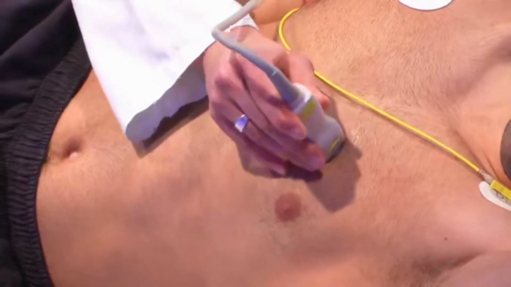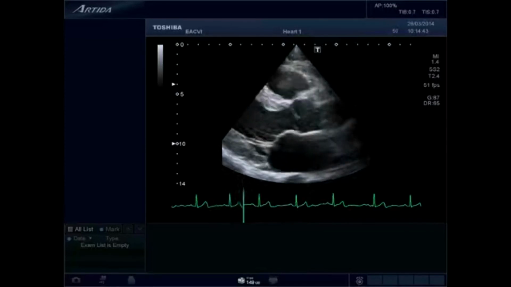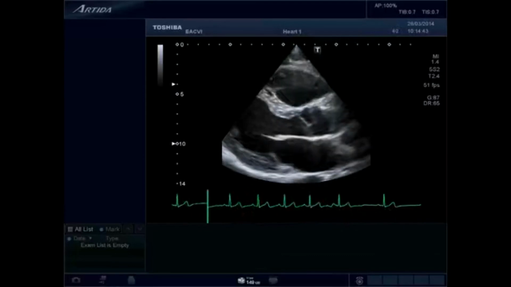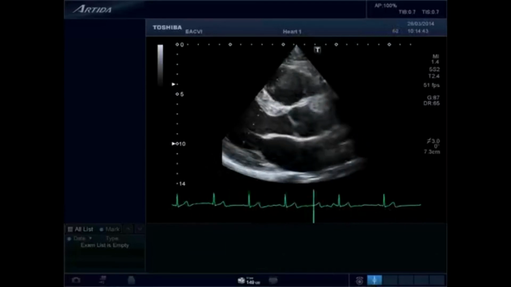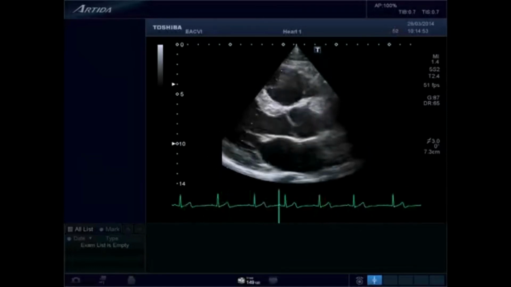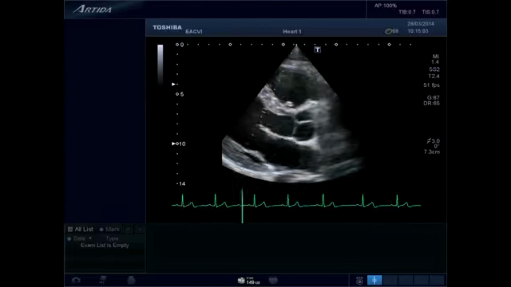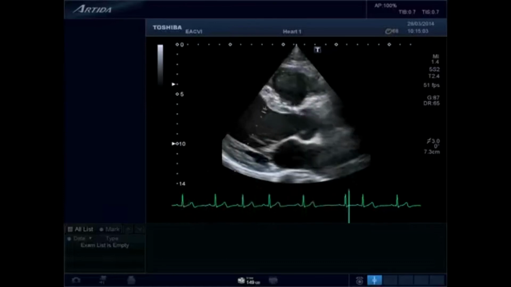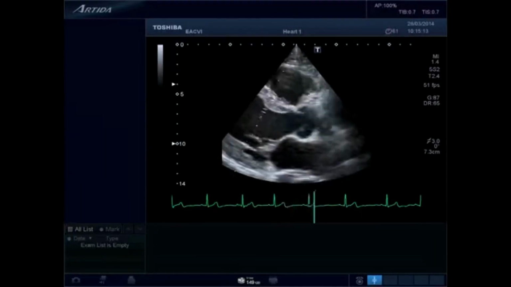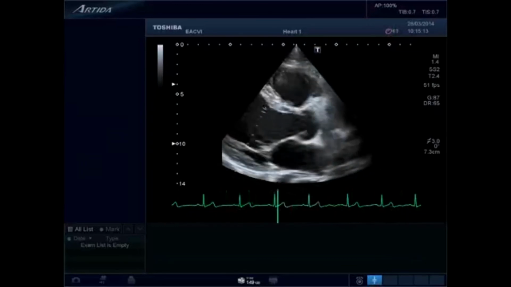Now I will try to obtain an M-mode of the left ventricle in order to assess the diameters and also the left ventricular thickness. So I will try to have my cursor really perpendicular to the long axis of the left ventricle, and the position of the cursor needs to be at the tip of the mitral leaflet in order to have a standardized view and to be able to compare the measure that I have with the reference values.